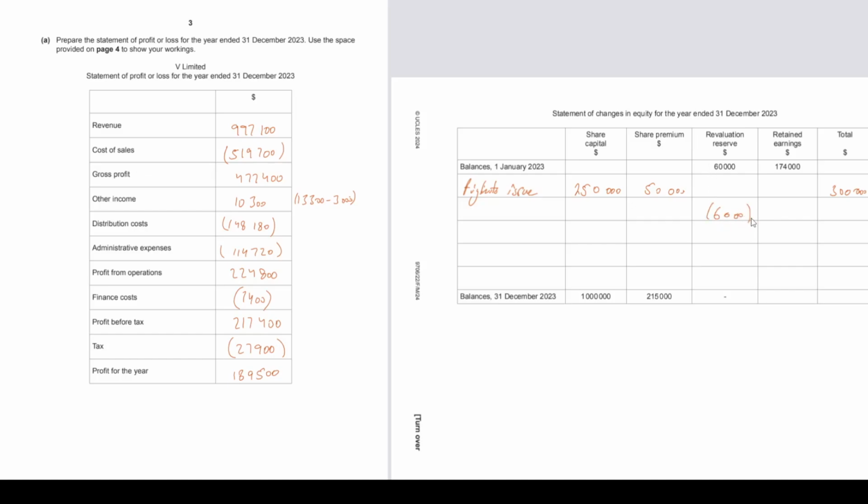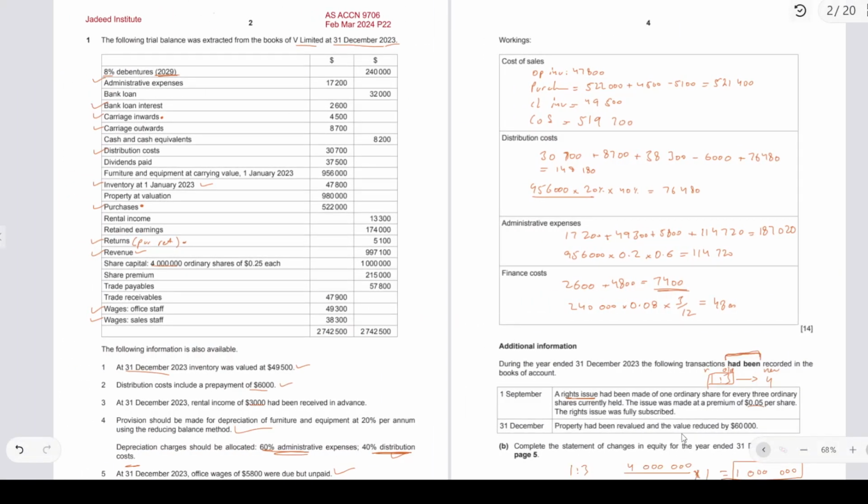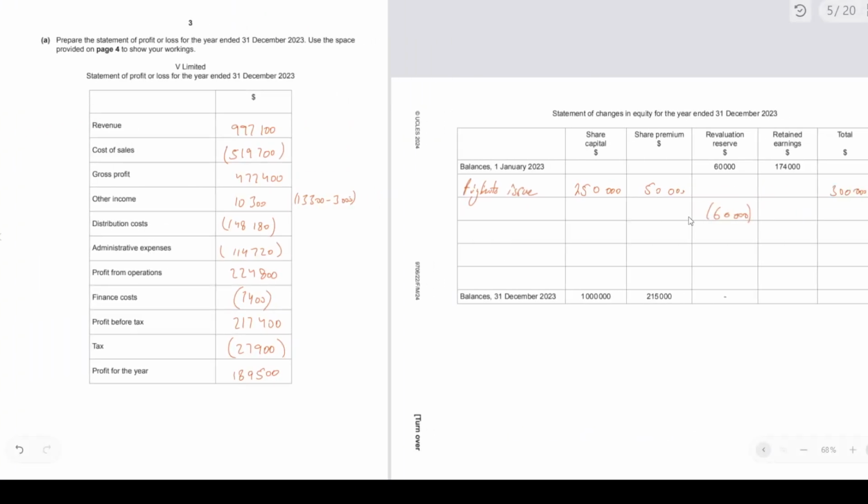Otherwise, we would recognize that fall in value as an expense, deducted from our retained earnings, if the property is valued downwards and we do not have any revaluation reserve. So, revaluation downwards. Of course, you can write that if you have space for this, but this is good enough. 60K.